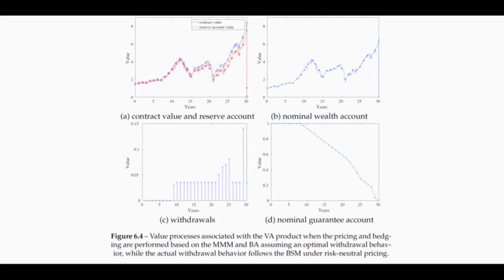And the situation is such that after the final withdrawal, the policyholder's value becomes zero, but in the meantime, the reserve account balance is positive after the last withdrawal, because the insurance company maintained the more correct model to manage its hedging portfolio for this policy.